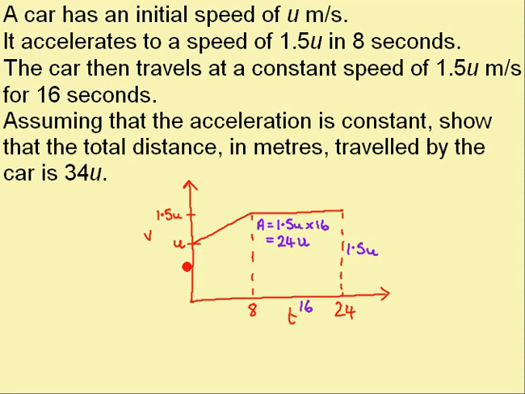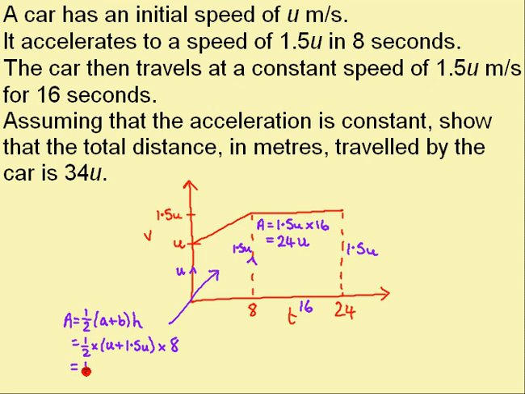Now for this area here, I've got a trapezium. I've got 2 parallel sides here. This one has a height of u, and this one has a height of 1.5 u. So the area of this section here is given by a half (a plus b) h. So that's going to be a half times (u plus 1.5 u) times h, which is 8.